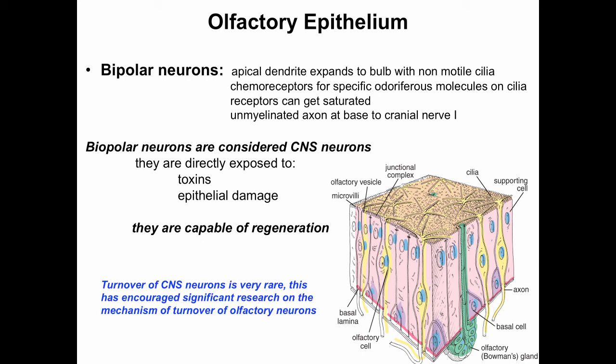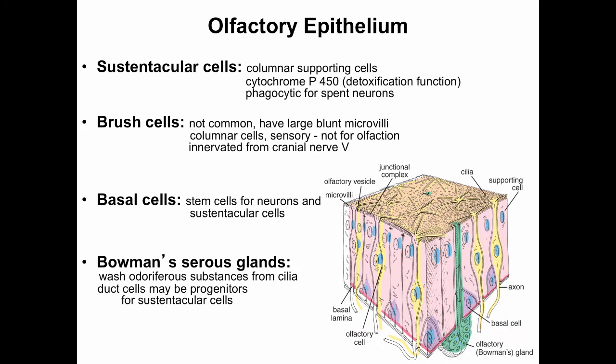And turnover of CNS neurons is a very rare phenomenon. So this fact that these bipolar neurons in the olfactory epithelium can regenerate, that's encouraged significant research efforts on the mechanism of turnover, because people think that it might give us some understanding of how nerve cells in the CNS might turn over or might potentially regenerate.